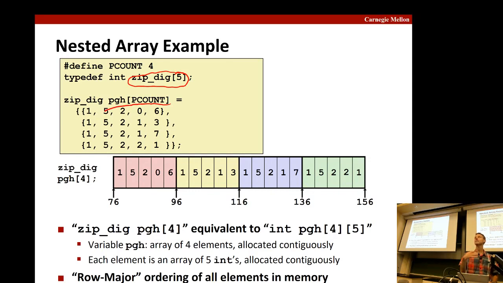The effect is a two-dimensional array, and it looks like this. We've arbitrarily decided this starts at 76, and then it's laid out consecutively. Each of these takes 20 bytes, and therefore the 4 of them take 80 bytes, and that's how we end up with 156.